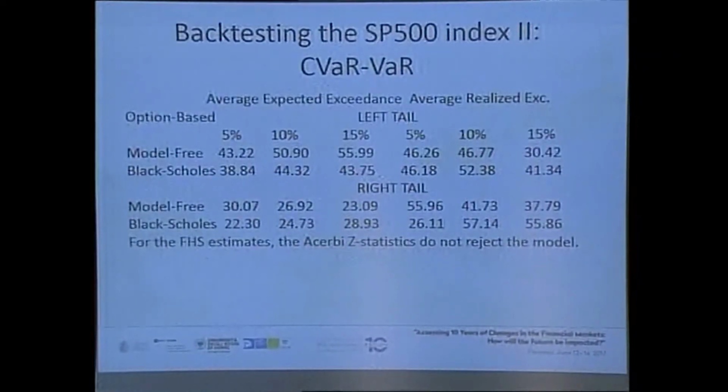So it's conditionally correct, let's say. And it's not a very powerful test, unfortunately. If you compute the confidence interval, especially with the small sample sizes, you find that it is not surprising that the null hypothesis of a correct conditional value at risk is accepted.